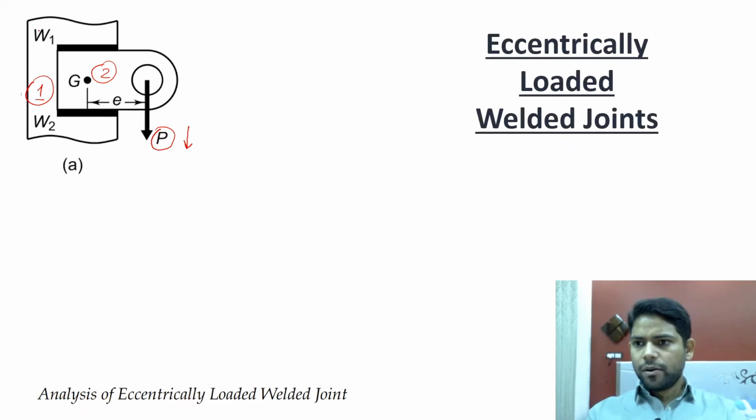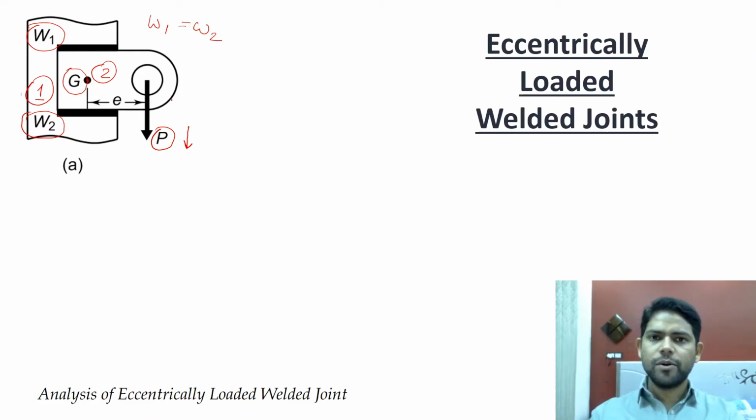Weld W1 is your weld 1 and W2 is your weld 2. For this particular condition only, the length of the first weld is equal to the length of the second weld. G is the center of gravity of all the welds. This point is the center of gravity.